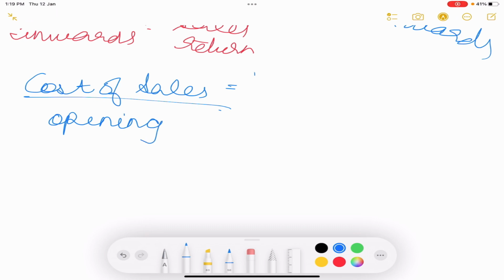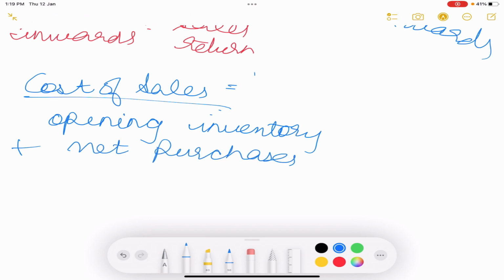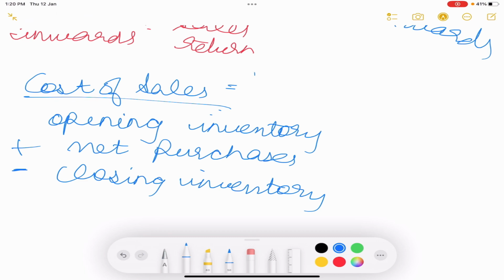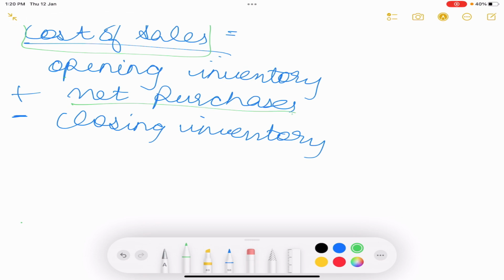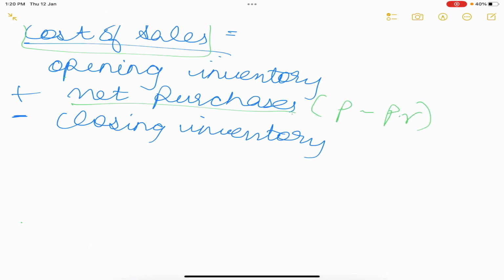Opening inventory plus net purchases minus closing inventory. This will give me my cost of sales. So how do you find out the cost of sales? Opening inventory plus net purchases minus closing inventory. Okay, and what was net purchases? We just did that. Purchases minus purchase returns.